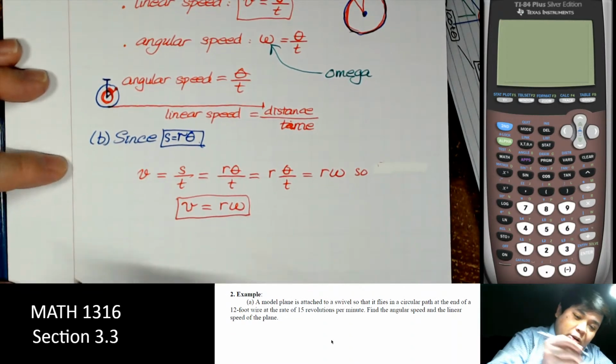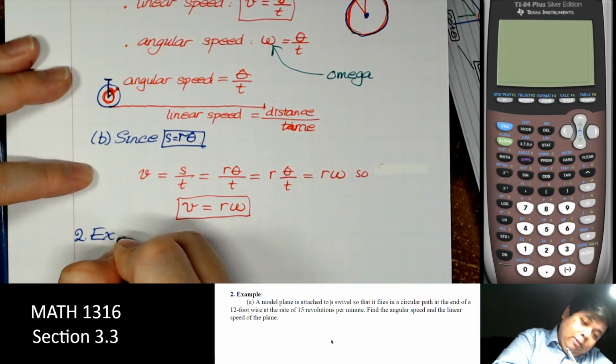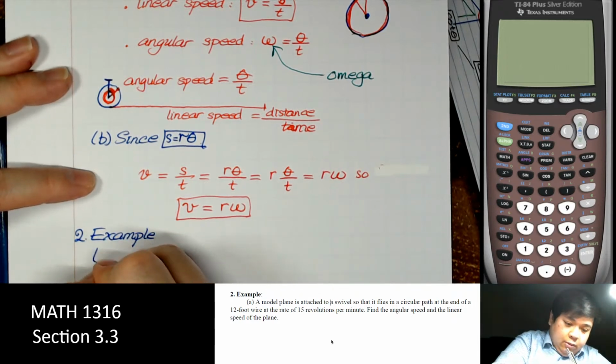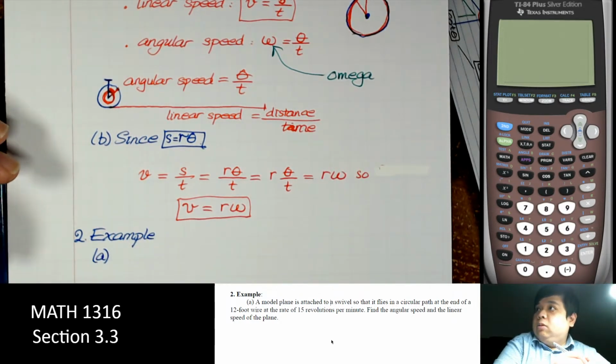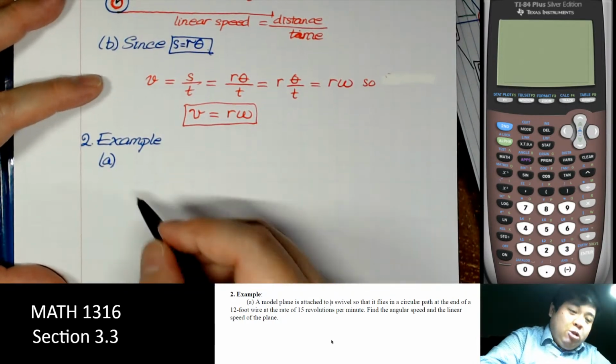Look at the first example here. A model plane is attached to a swivel so that it flies in a circular path at the end of a 12-foot wire at 11 revolutions per minute. I'm trying to draw this here.